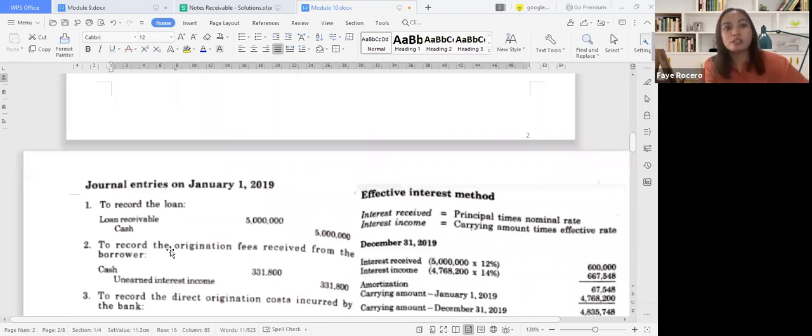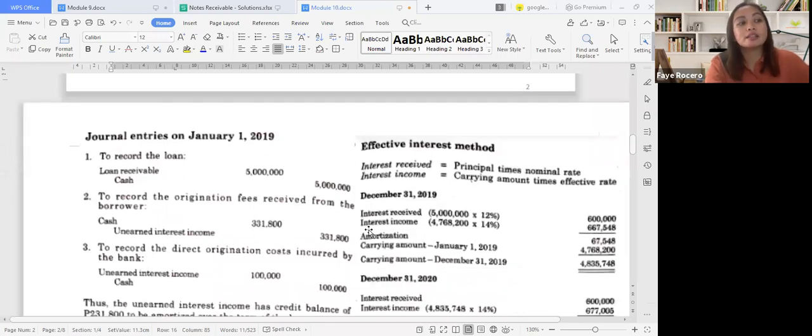Credit cash. This is the case because we are the lender. To record origination fees received from the borrower, debit cash, we received it as payment from the borrower. You credit unearned interest income, 331,800.